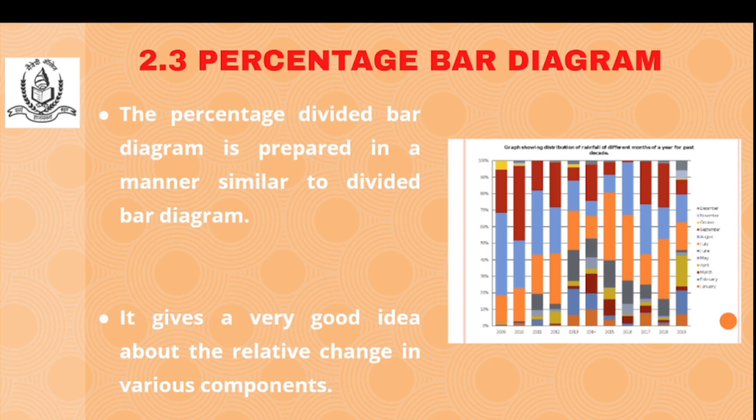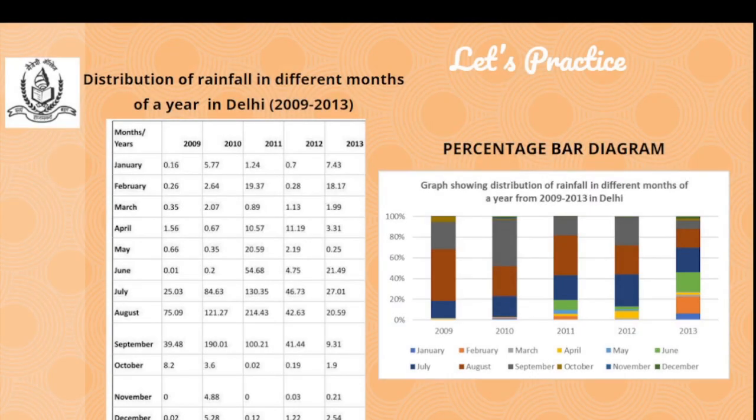Now, percentage bar diagrams are actually a very good method to represent the relative changes in the various components. Now let us try to understand how to draw a percentage bar diagram with the help of this example. This is actually the same data set that we used for the divided bar diagram. Why? Because the method is very similar to that of the divided bar diagram.